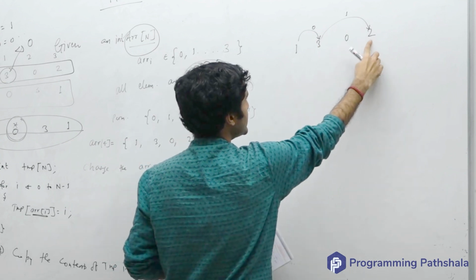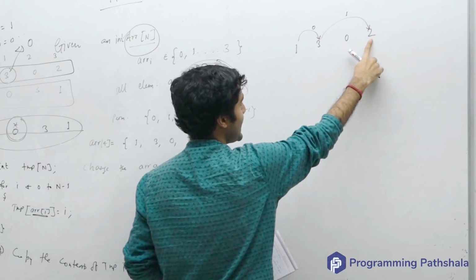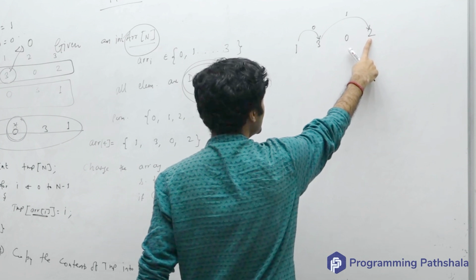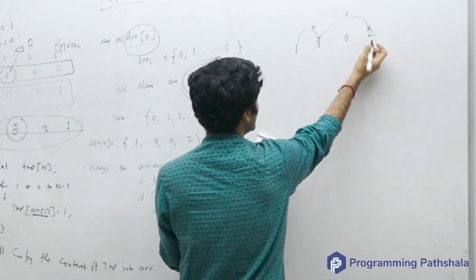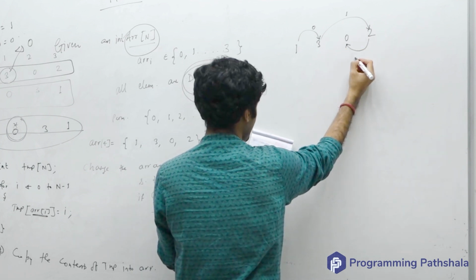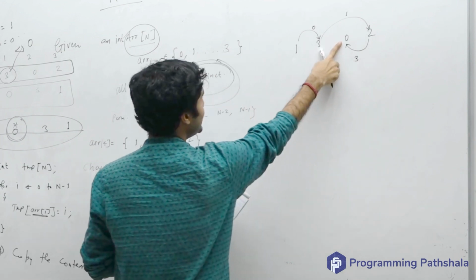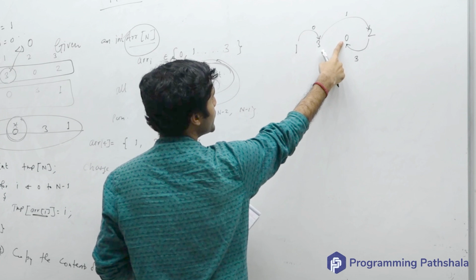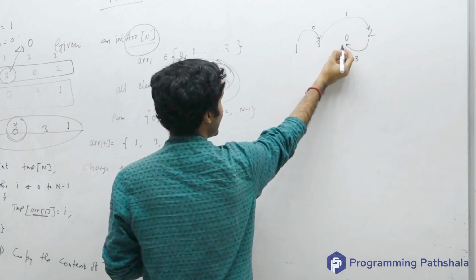Before you convert this, you can save its value in a temporary variable, and you see here that array of 3 is 2. So you would want to make array of 2 as 3. Now again, when you are here, you see that array of 2 is 0, so you would want to make array of 0 as 2.